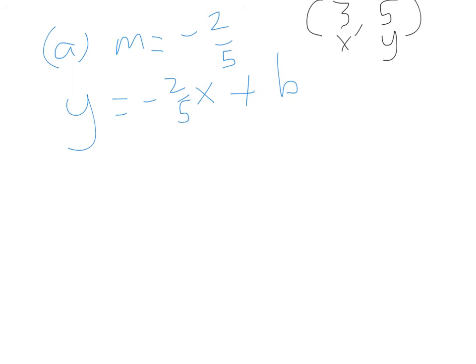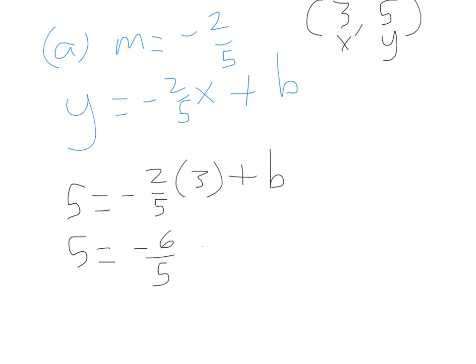We know that's the x-coordinate and that's the y-coordinate. So if we plug 5 in for y, plug 3 in for x, and then solve for b, that would give us our y-intercept. So this means that 5 is equal to negative 2/5 times 3, which would be negative 6/5, plus b.